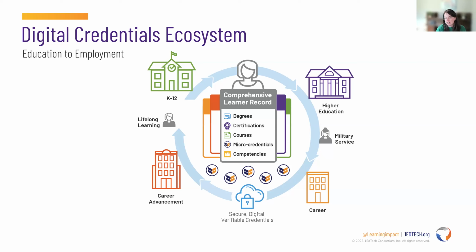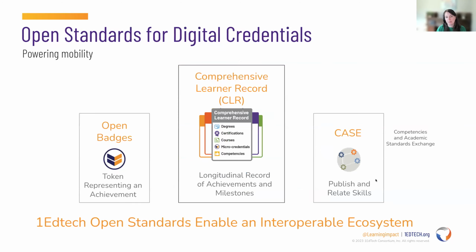We're going to focus on the CLR today, the Comprehensive Learner Record, because we really see this as a central point to help power this whole digital credentials ecosystem. In our work, we have a number of open standards which allow these records and achievements to be done in a consistent way so that they can move between institutions and organizations while still maintaining the rich set of data that they have on that learning achievement. We do that through open badges, CLR, and CASE.